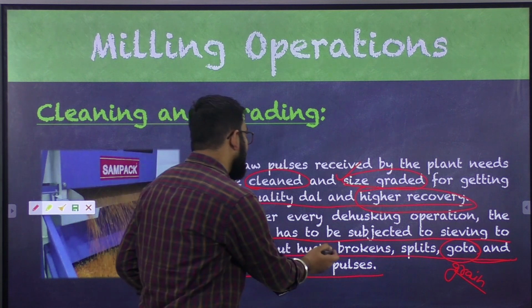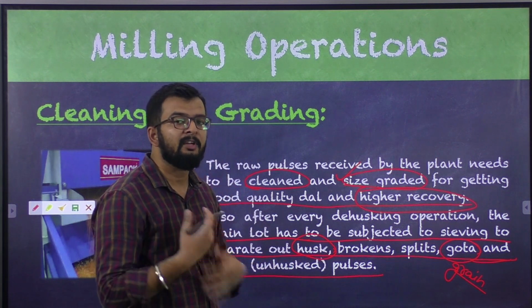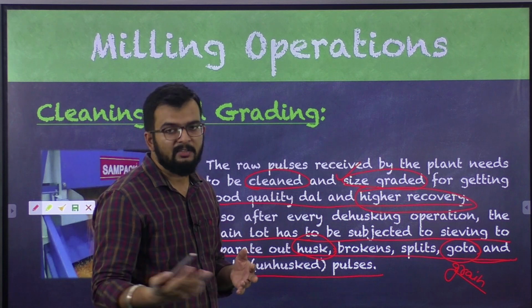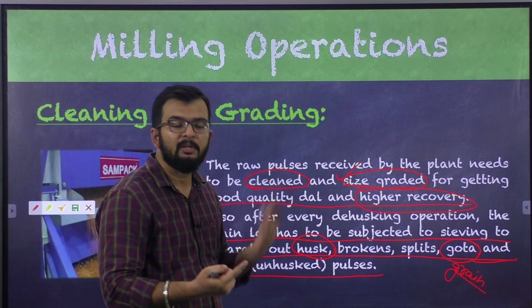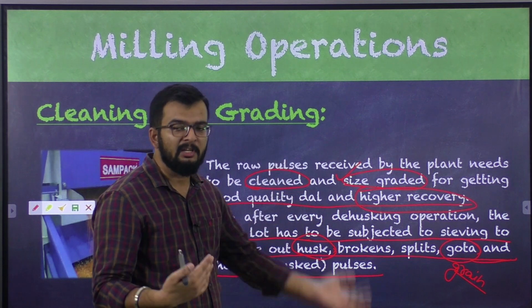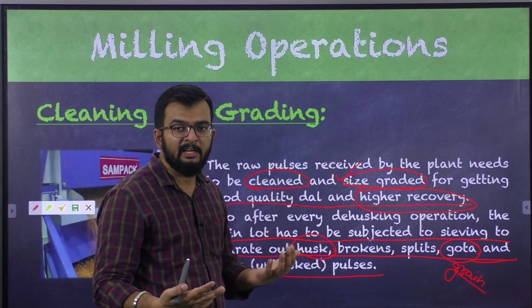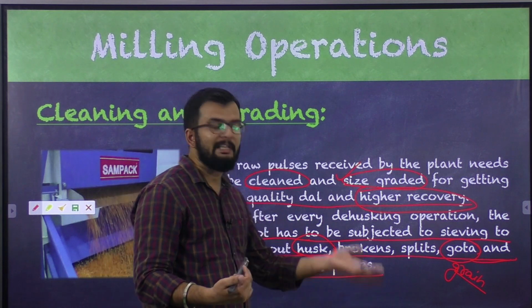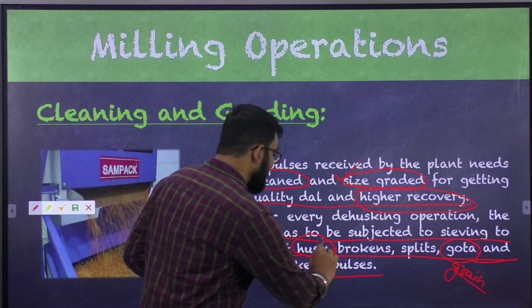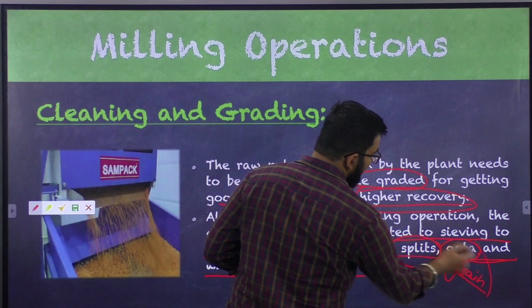Suppose you are dehusking: dehusking cannot be done in a single pass. After every pass, you need to separate out the dehusked pulse from the undehusked pulse, and that undehusked pulse you need to send again for dehusking, okay. So husk is removed, then brokens are separated, splits are separated, and the gota is separated.